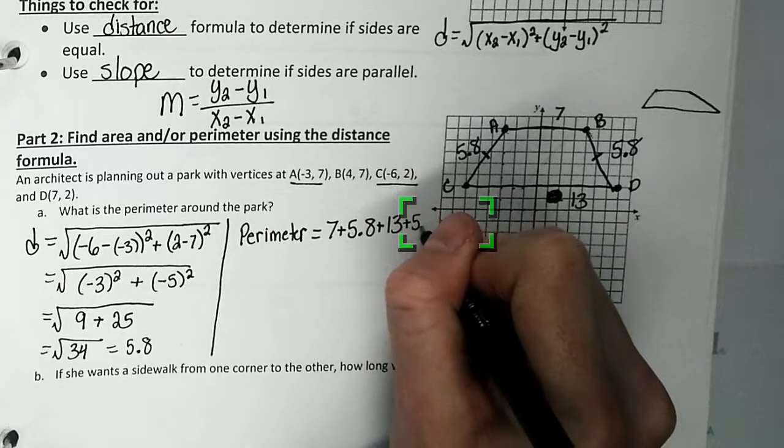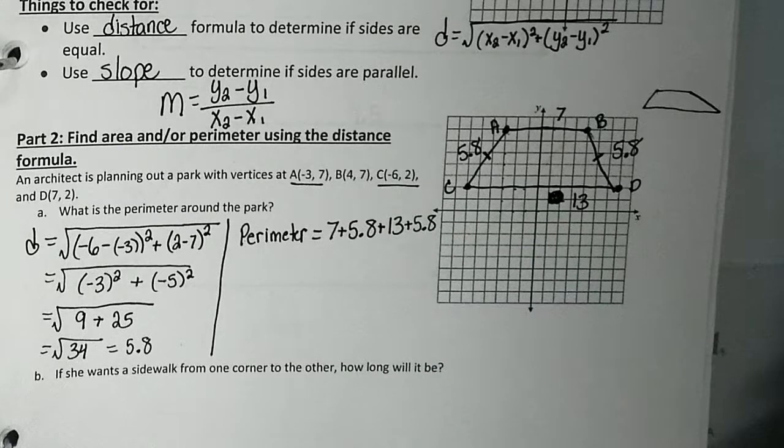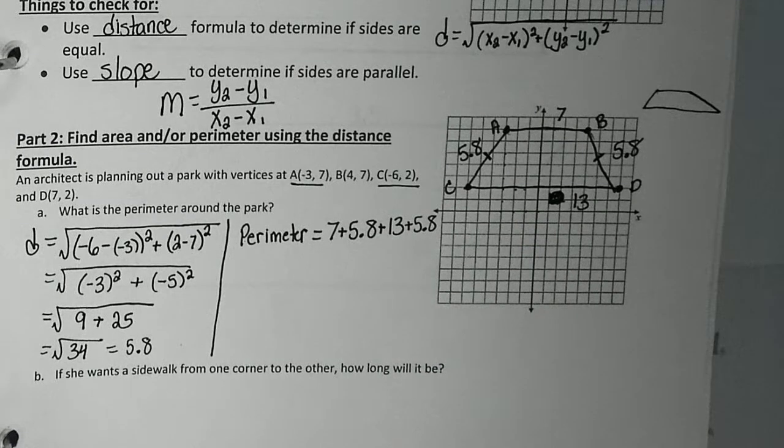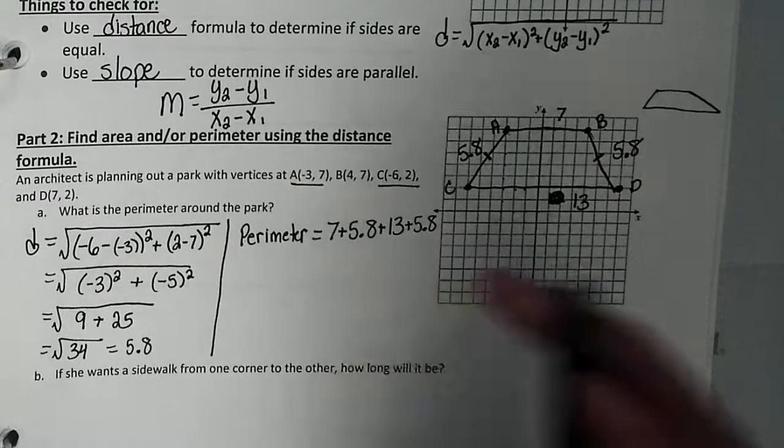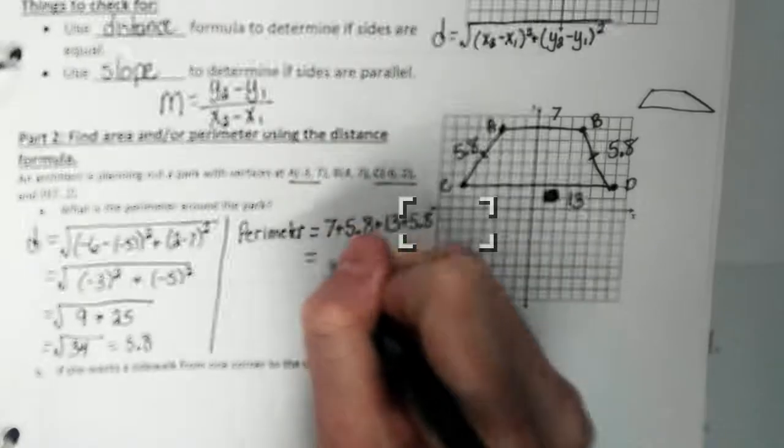Plus 13 plus 5.8. So that gives me 31.6.